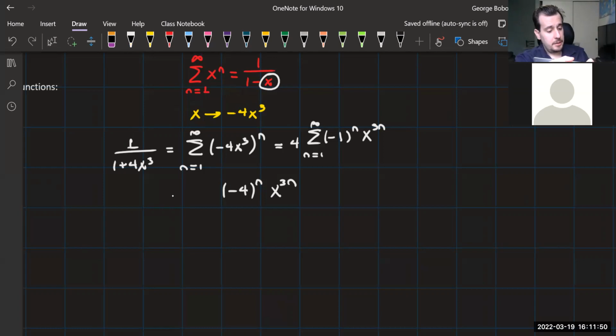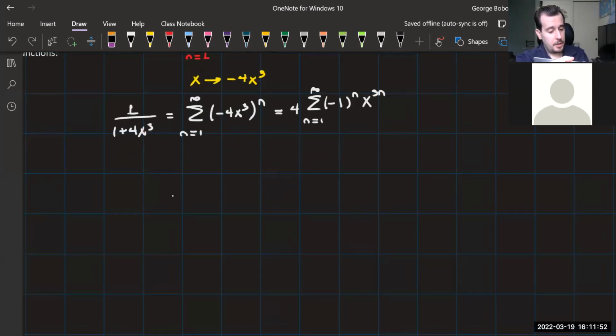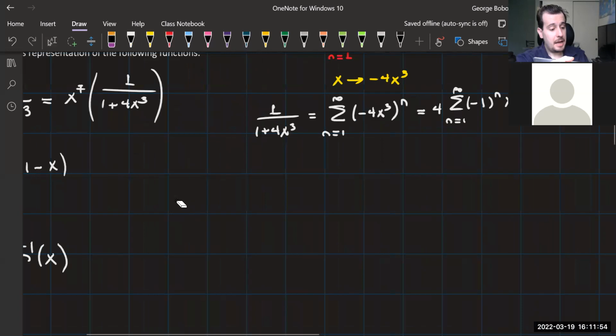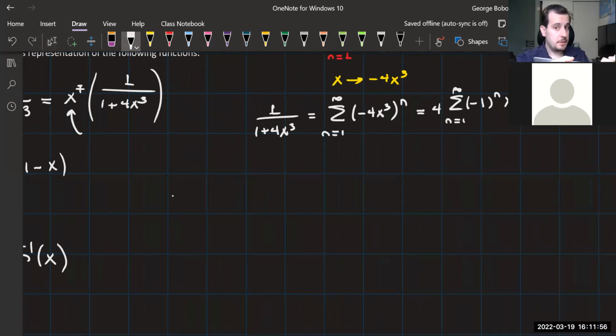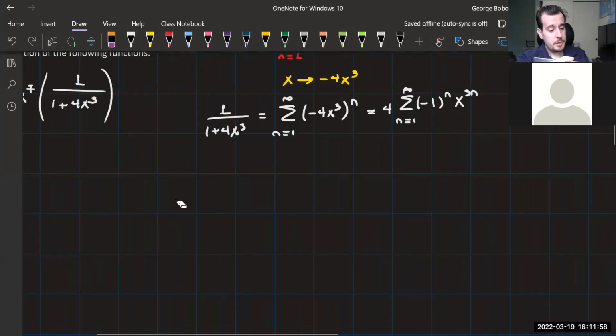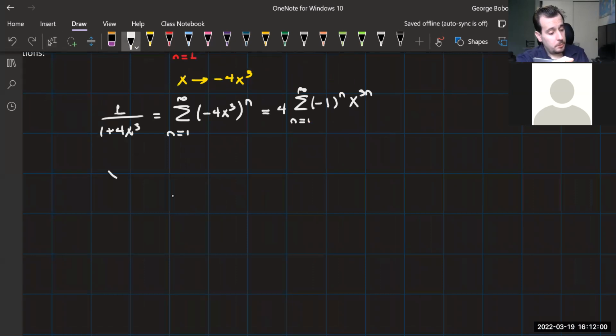So once I plug in, and I've got the power series here for that, I still have to multiply by x to the 7, right? Yeah. So let's do that actually. Let's multiply now by x to the 7. You'll think, okay, how will that change things? Well, when you multiply now the series by x to the 7, can't the series absorb that power of x right now?